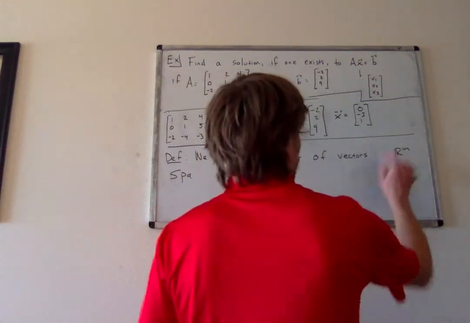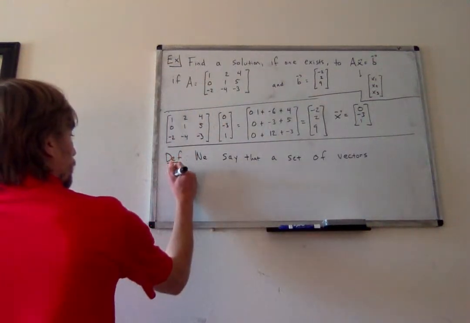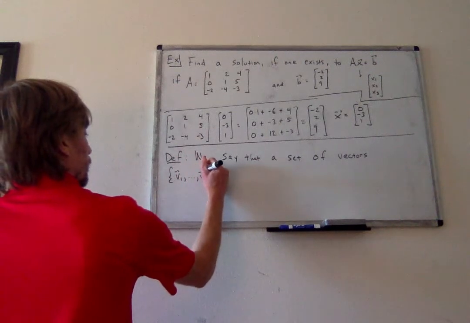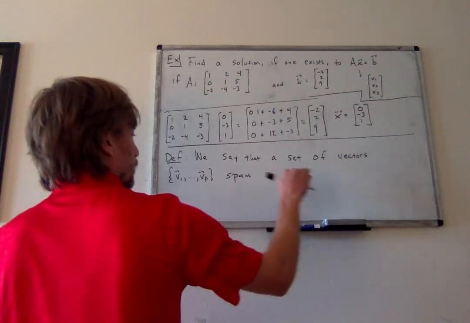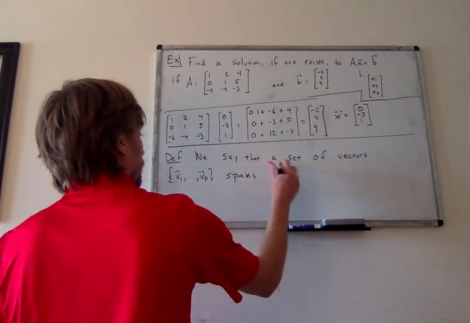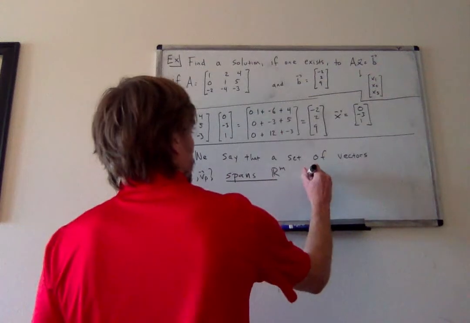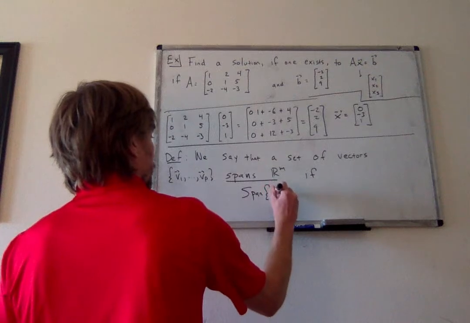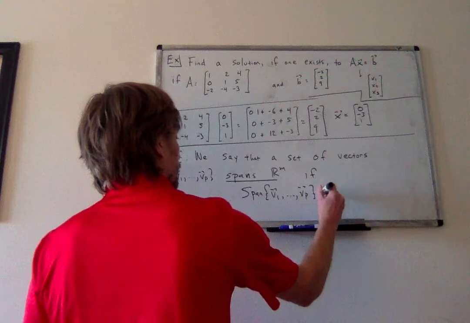And we'll say a set of vectors, I should name them, so we'll say a set of vectors v1 through vp spans Rm if the span of v1 through vp is equal to Rm.